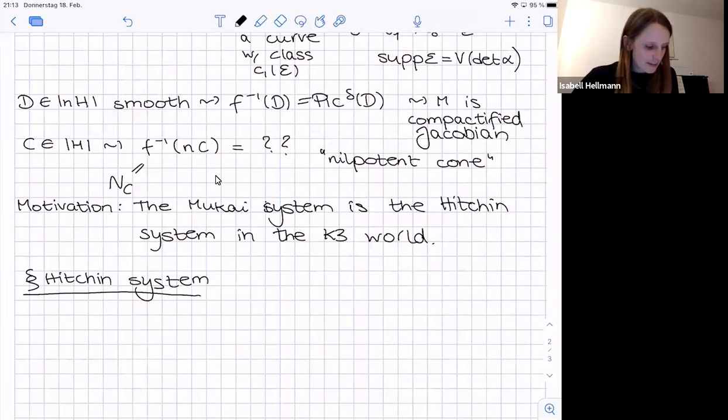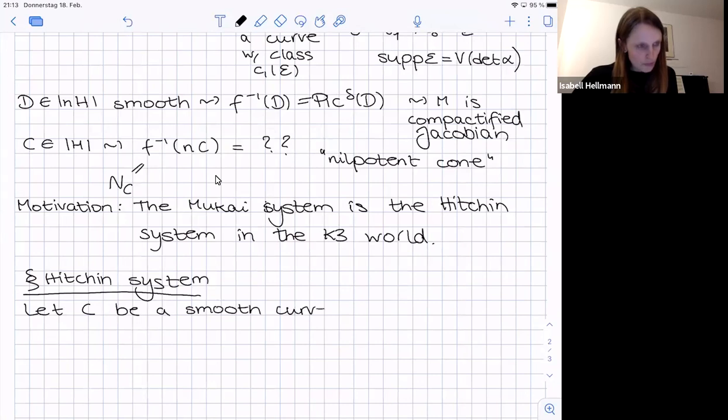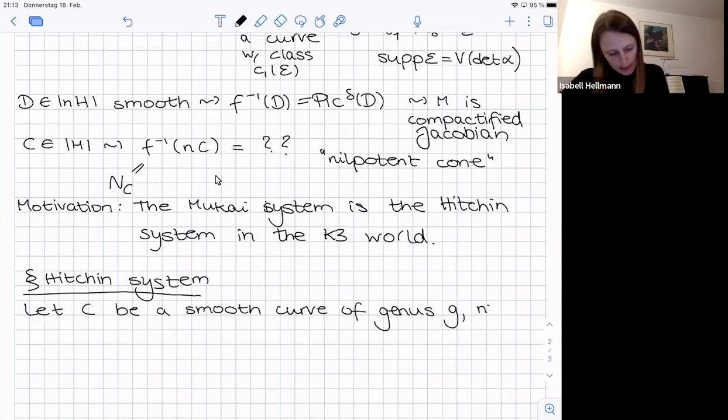So the Hitchin system starts with a curve C of genus g. And again, I fix two numbers, n greater than 1 and d, which are coprime.